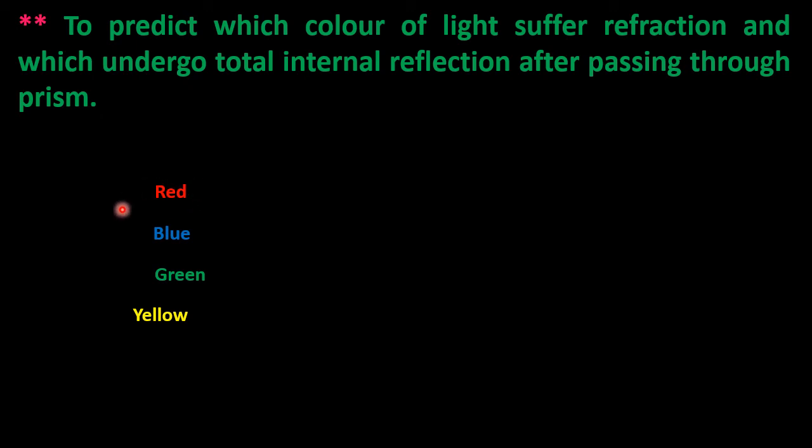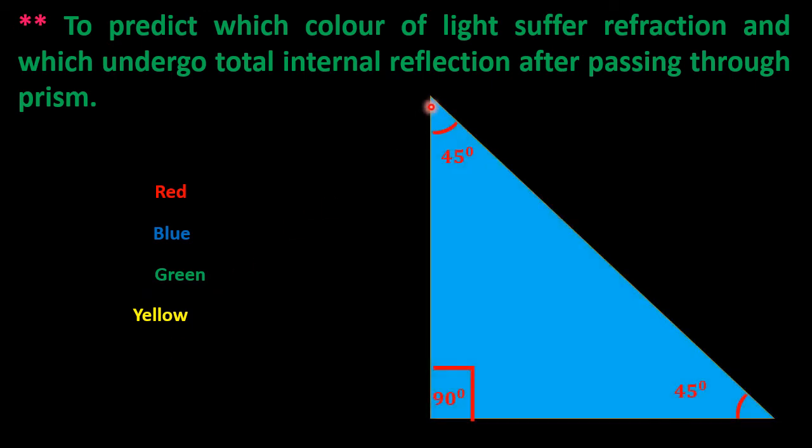Altogether there are 4 different colors given: red light, blue light, green light and yellow light. It is given that the prism is a right angled isosceles prism, and these rays of light will be incident normally on the first surface, this surface.